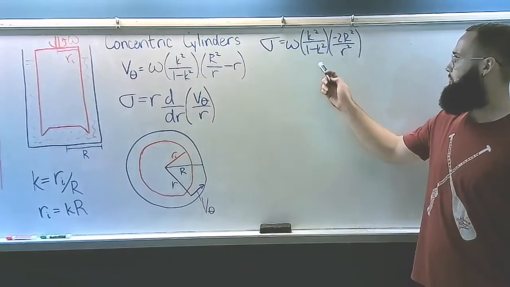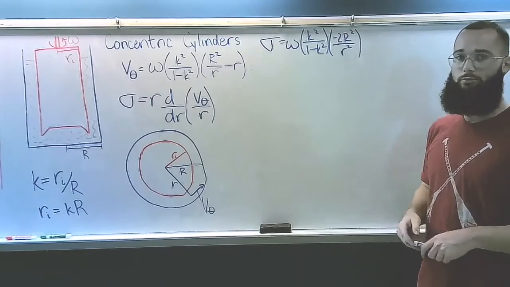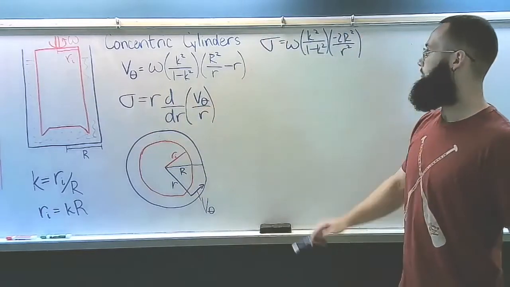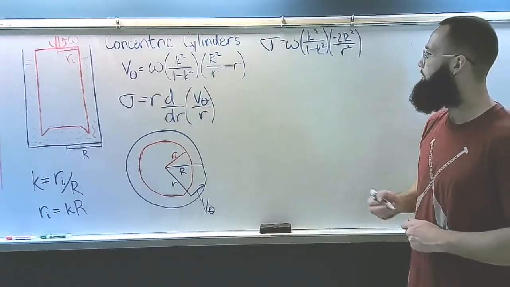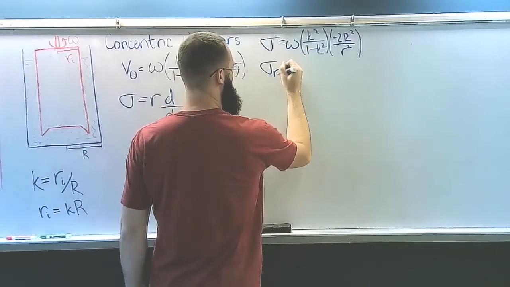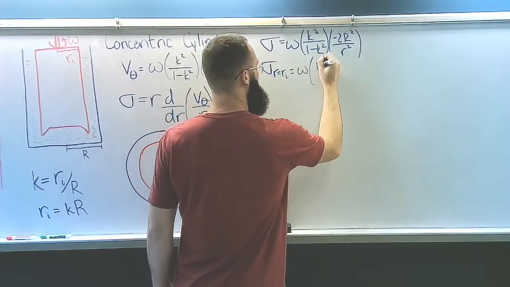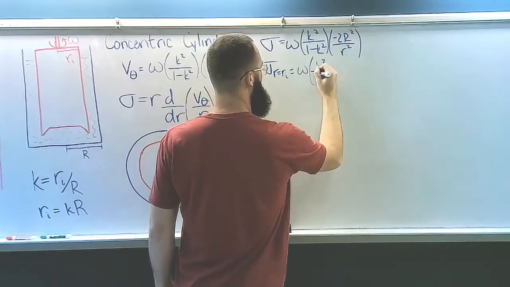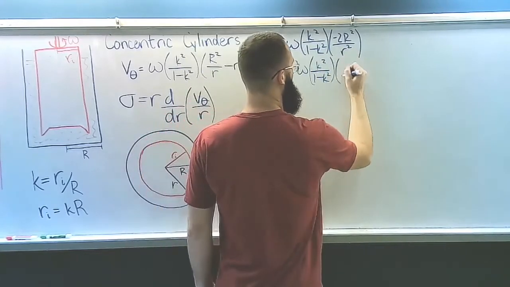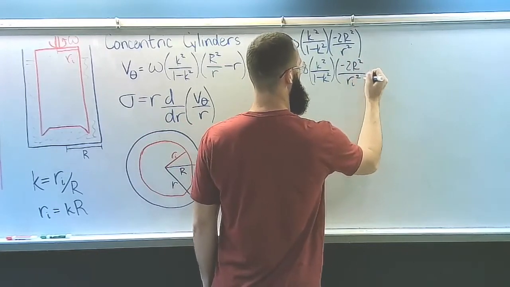Now that we've derived this general equation for shear rate at any given radius, we need to plug in the radius equal to the inner radius and solve for the shear rate at the inner radius. So let's call this the shear rate at r equals r sub i, equals omega k squared over 1 minus k squared times negative 2 big R squared over r sub i squared.